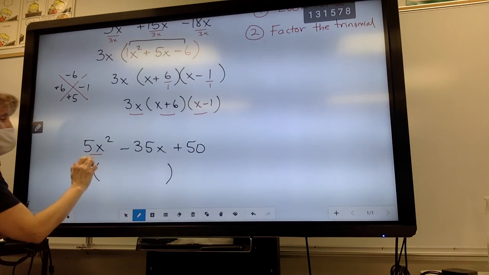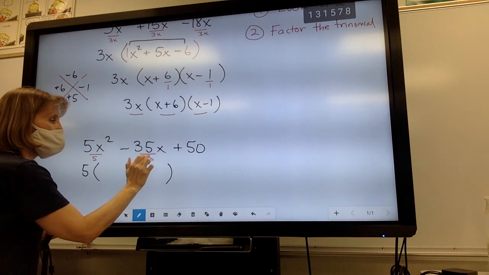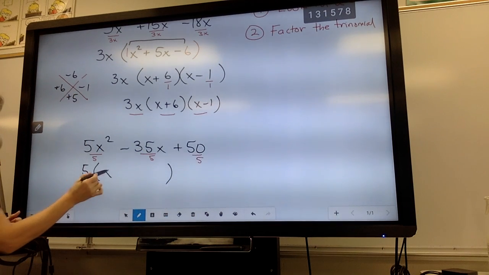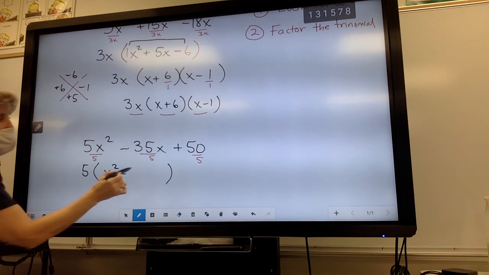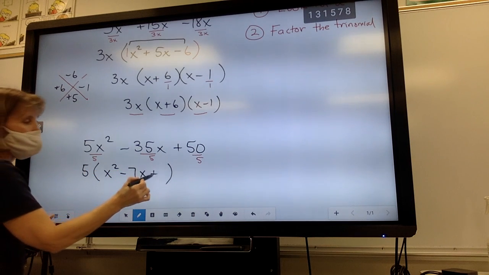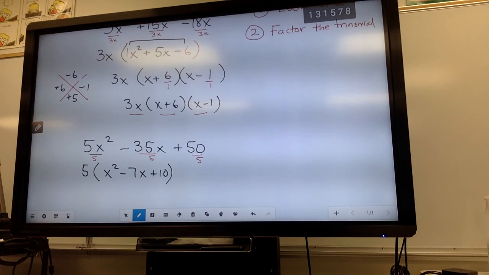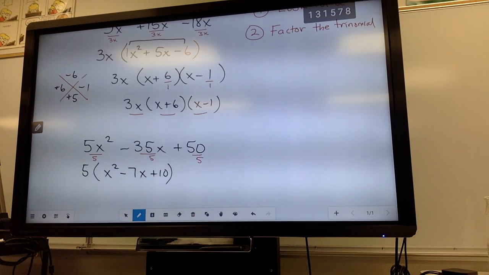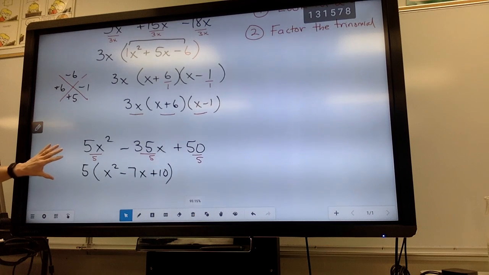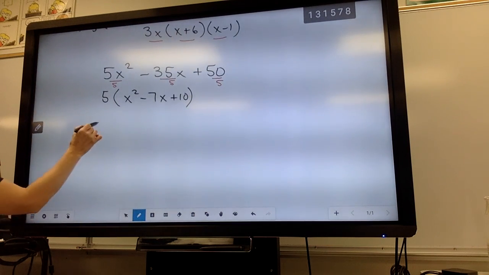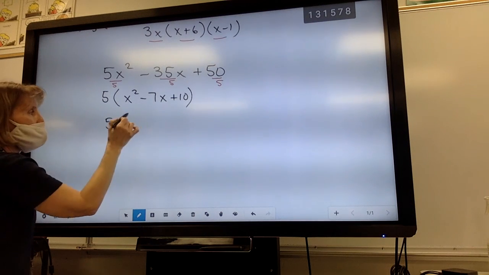Since that's the greatest common factor, I'm dividing each of these pieces by that greatest common factor. So I'd have an x squared left minus 7x plus 10. We don't want to stop there. We want to see if the trinomial will factor.